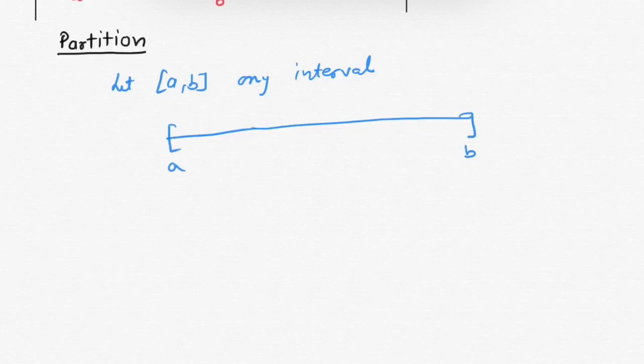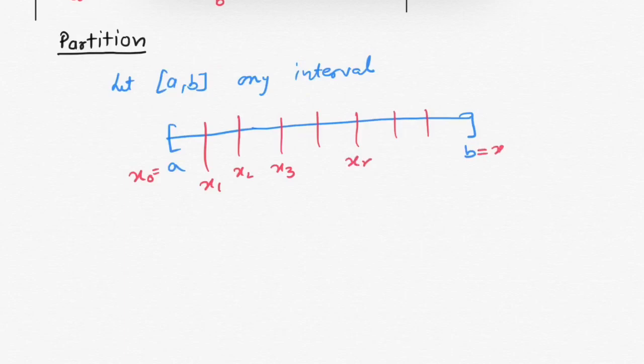If I divide this interval into a number of subintervals, suppose this point a is x0, this is x1, this is x2, this is x3, and this some point xr, and suppose this point b is xn.